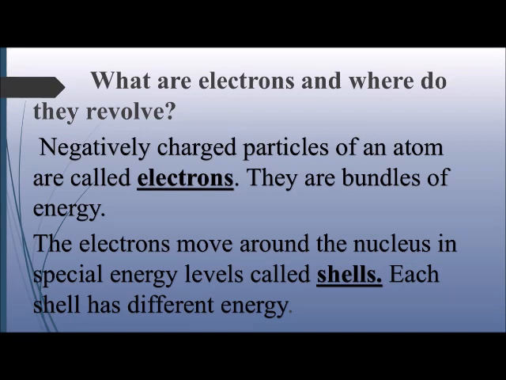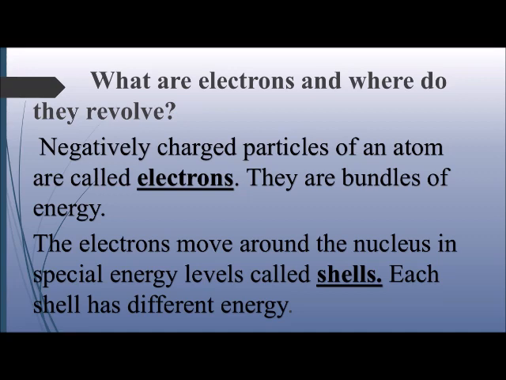As you have read in the previous topic, an atom is composed of three main particles: electrons, protons and neutrons. First of all, we'll discuss what electrons are and where they revolve. Electrons are negatively charged particles of an atom, and they are not like solid balls.